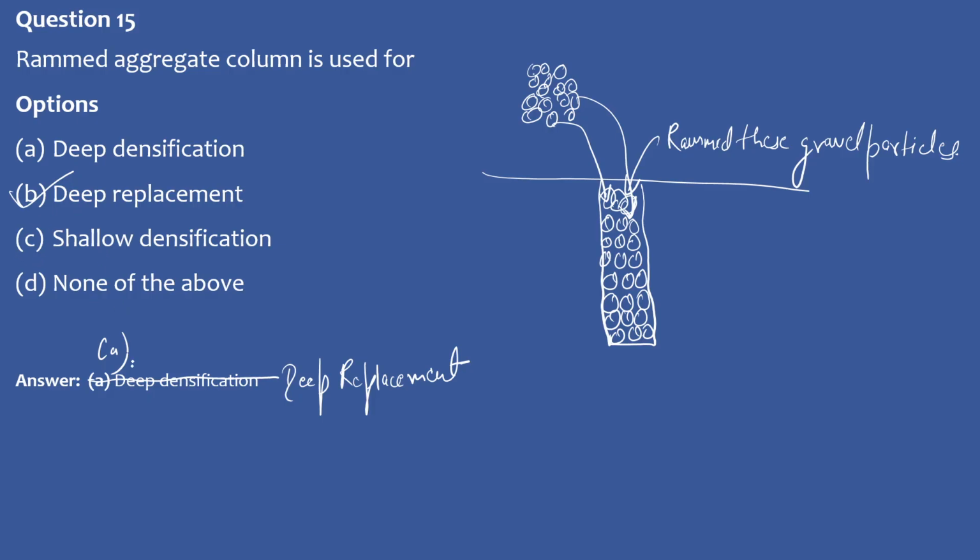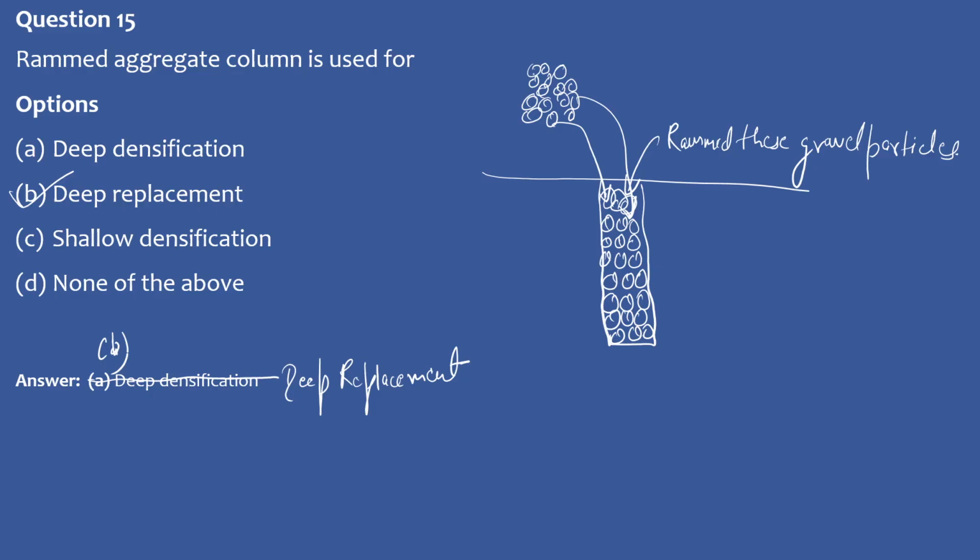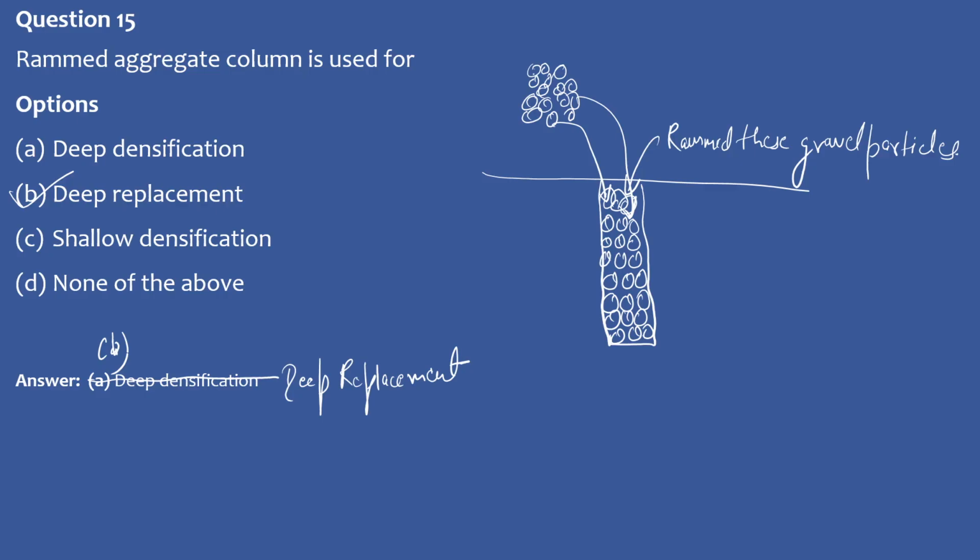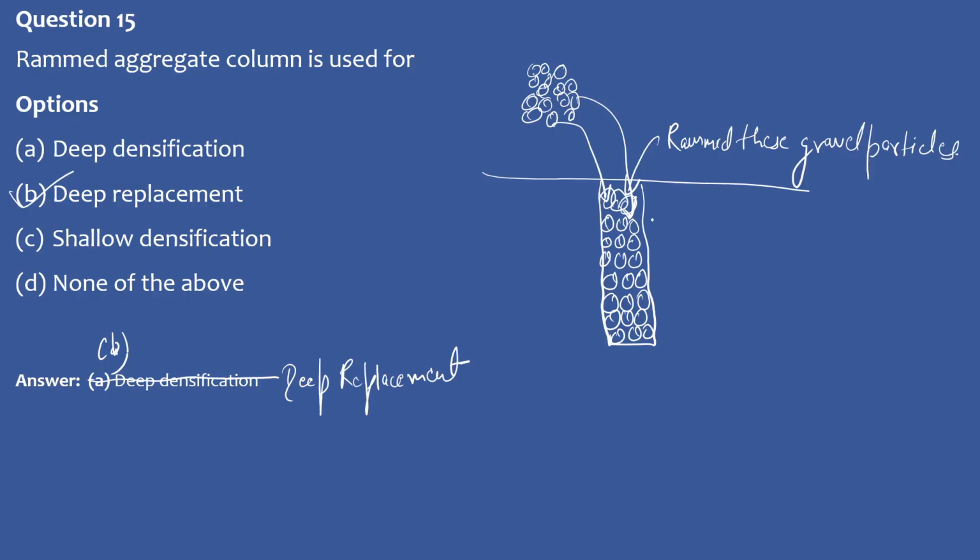So that is basically option B. In this, you are having a deep foundation type of entity, where instead of the foundation, you are basically filling that borehole with a certain rammed aggregate geological material, and then you are ramming or compacting it again, and then basically it's replacing your unwanted soil mass with higher enhanced geological matter.